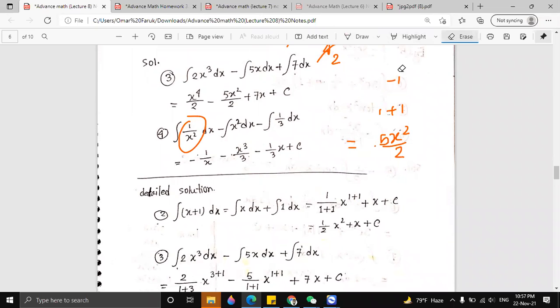Okay, let me explain. Integration of 1 by x square. Again, you can write 1 by x square this way: x to the power minus 2, right? We just increase the power by plus 1 and we divide it by the new power.